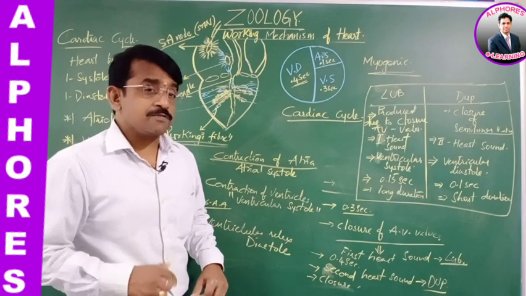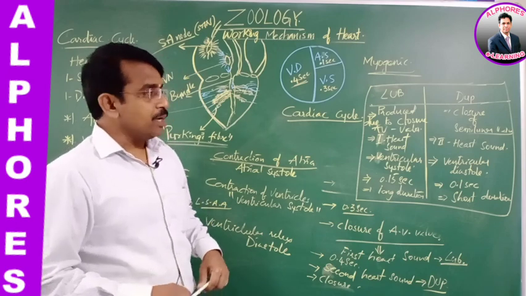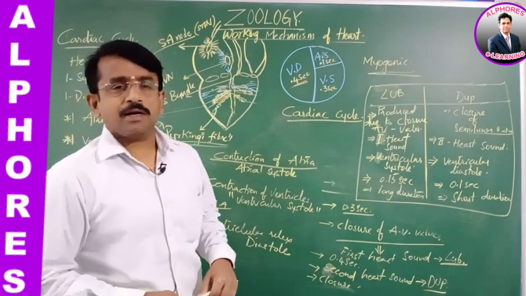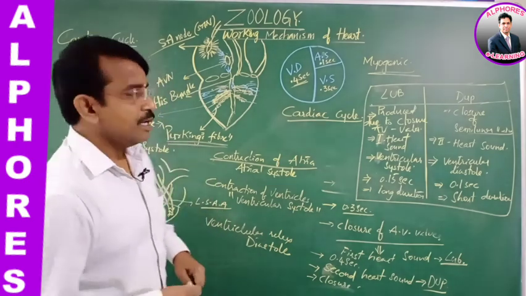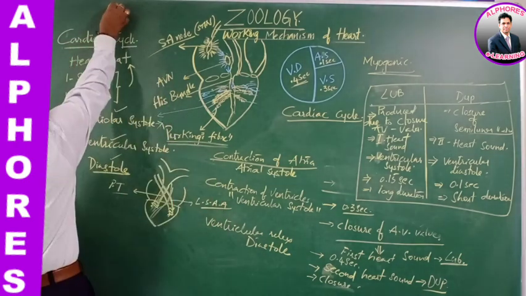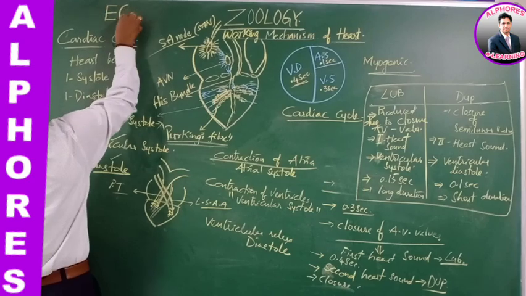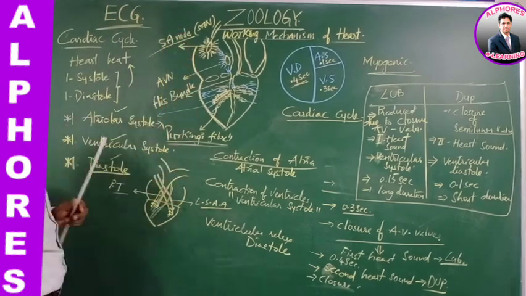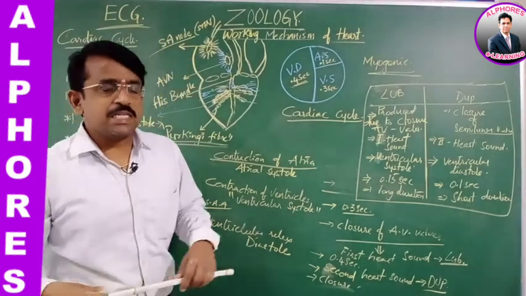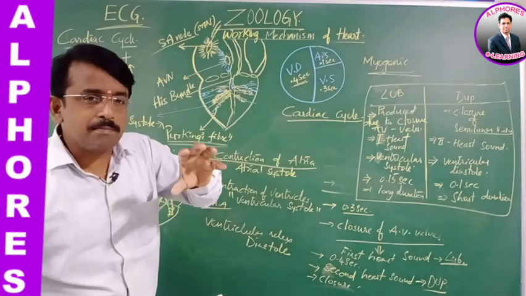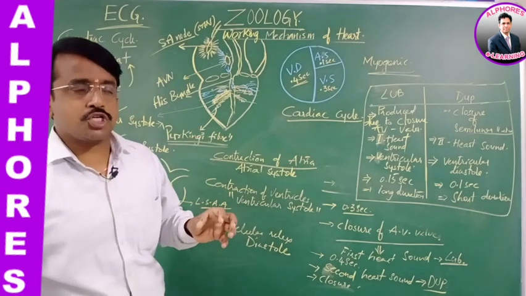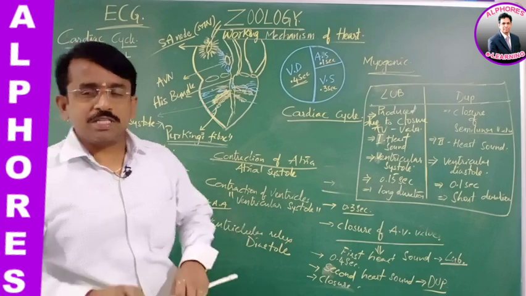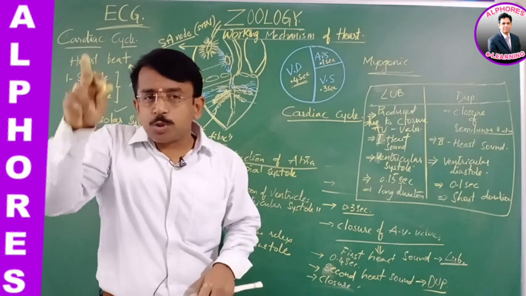And you might have seen when this electrical activity of the heart is measured by a device named the ECG, electrocardiogram. Certain times we find that there is a murmuring, or else the isoelectric line.